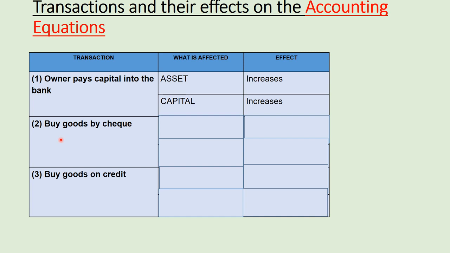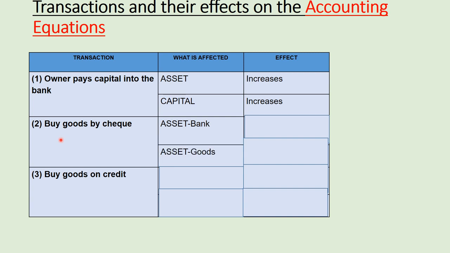But the payment has been made using a check. So the check means that bank facilities have been used. Therefore, the bank account is going to be affected. And the bank is also an example of an asset.